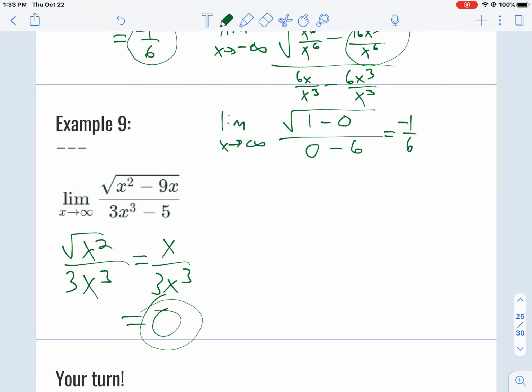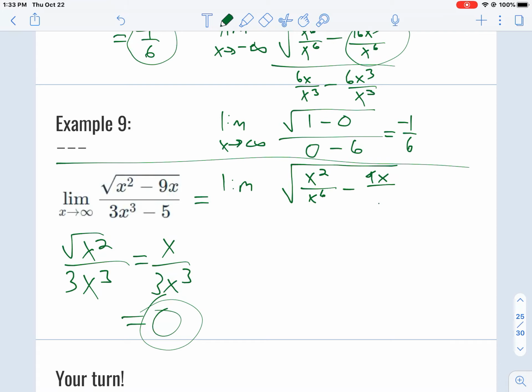Now, the long way, I'm going to have to divide everything by x cubed, but in the numerator, that means I would have to divide by the square root of x to the 6th, because the square root of x to the 6th is x cubed, but I have to get into the radical, right? Got to get in there somehow.